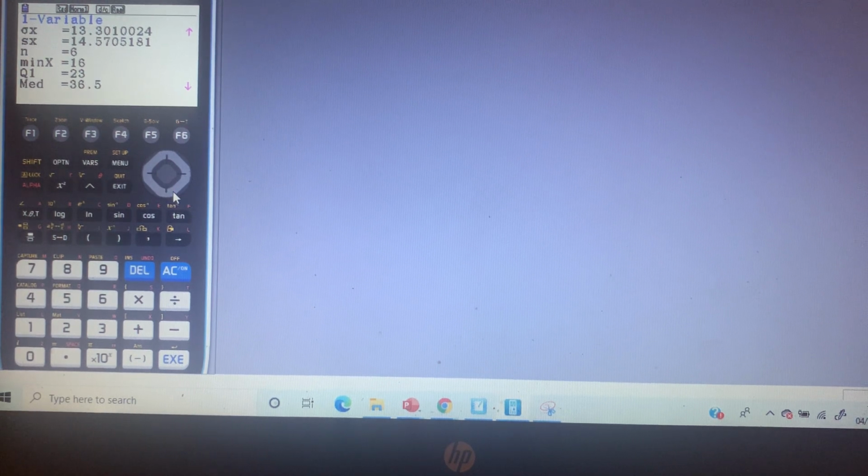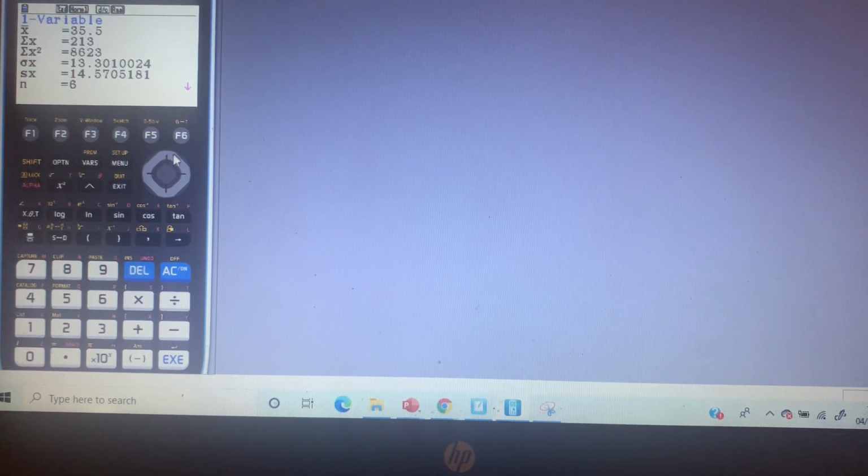So 23, it's got Q1, quartile 1, lower quartile, median, quartile 3, upper quartile. So it's got loads of stuff there for you. It's absolutely amazing.